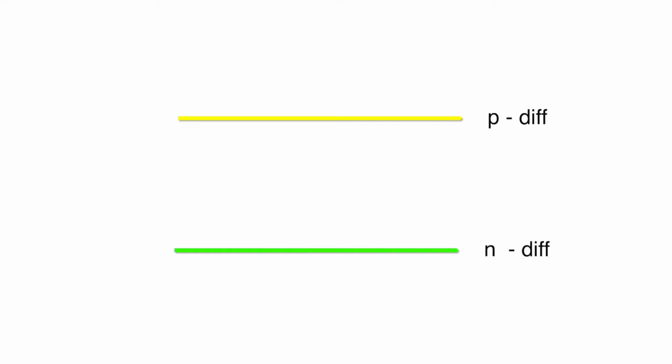Stick diagram: A. Trace a yellow line horizontally to represent the PMOS diffusion for PMOS devices. B. Trace a green line horizontally to represent the NMOS diffusion for NMOS devices.